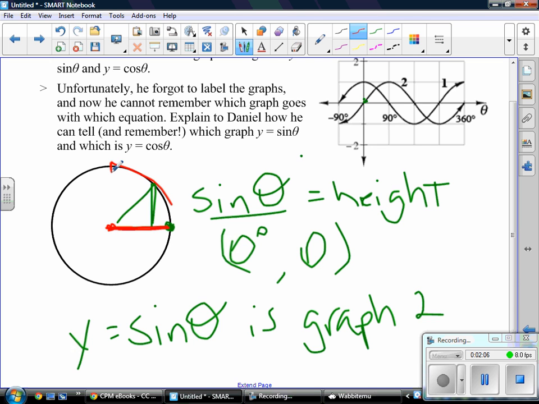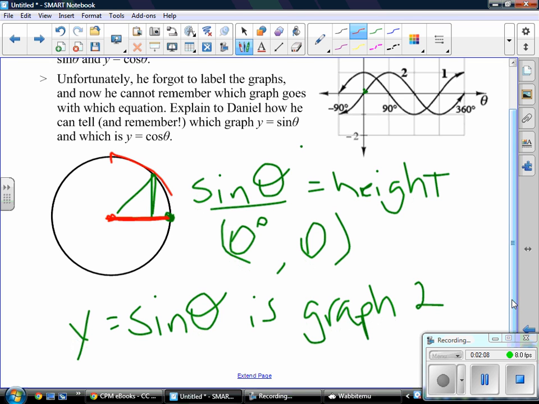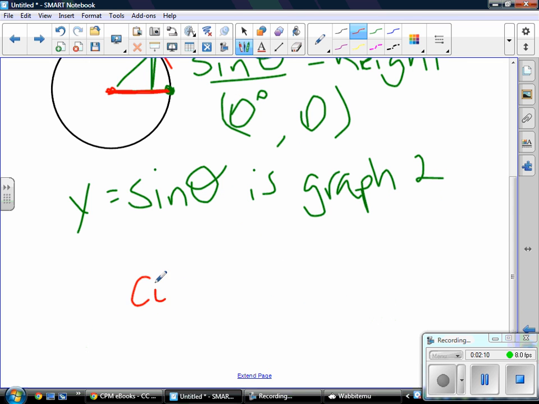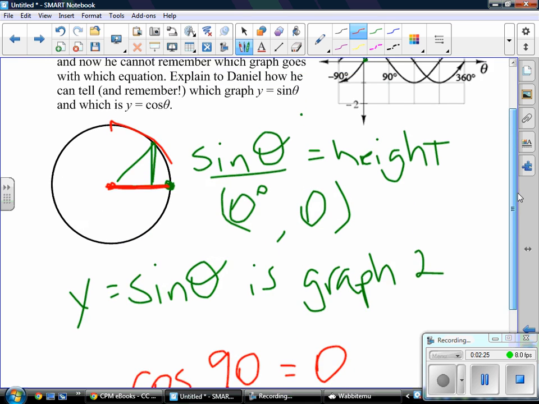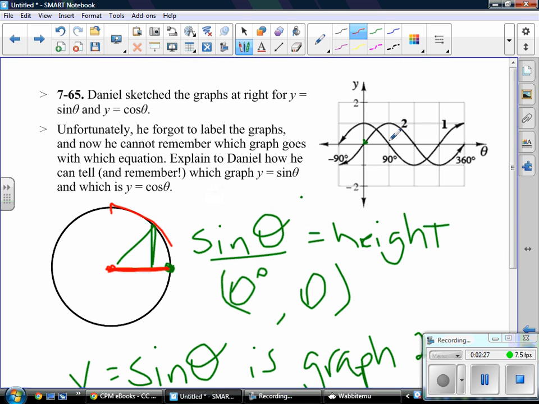So for cosine, an important point would be cosine of 90 degrees. So the horizontal distance at 90 degrees would be 0. So that would be another point, 90 degrees, 0. So this would be for cosine, another way to check. Going from my graph, when it hits 90, I see that 90 degrees is 0, so I know the first graph would be the cosine graph.